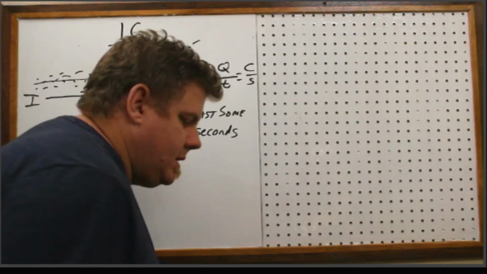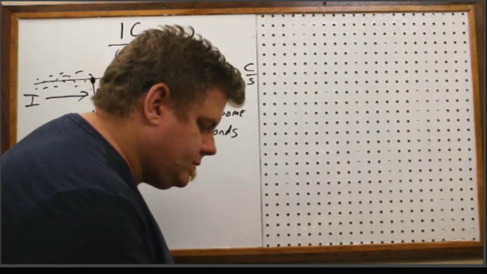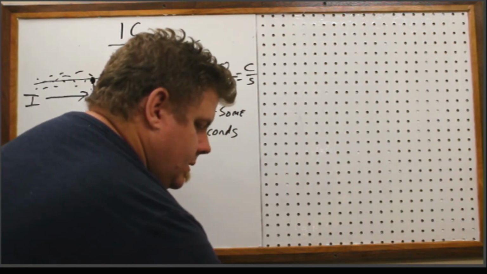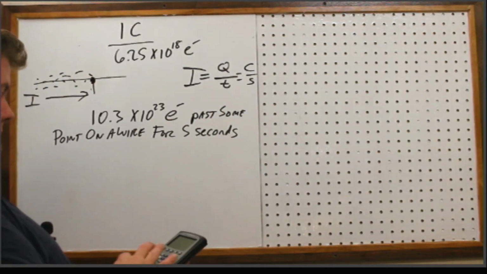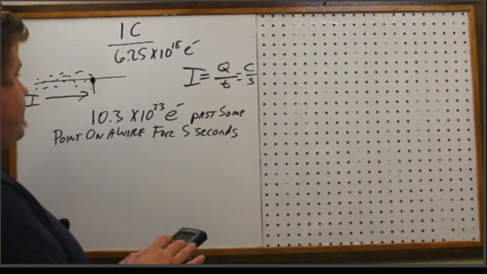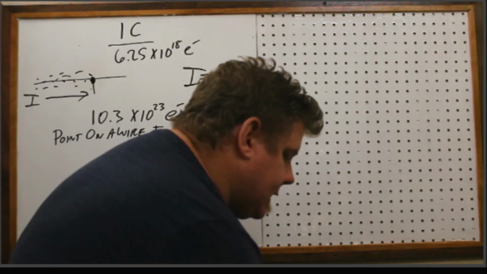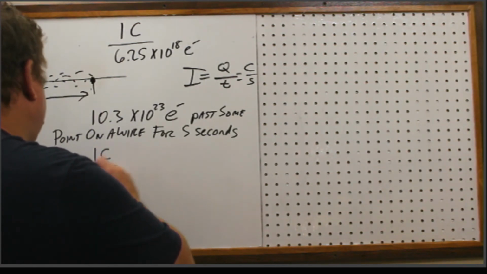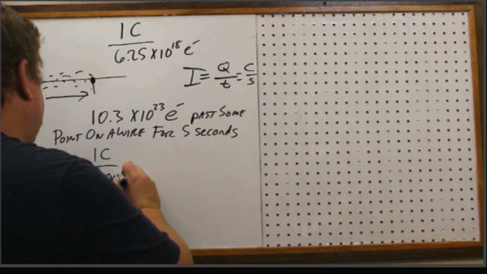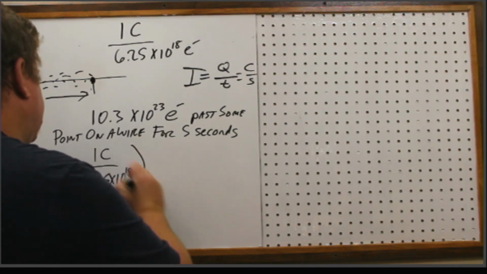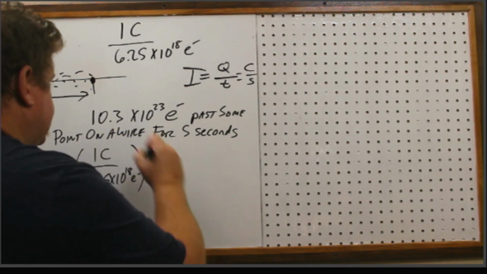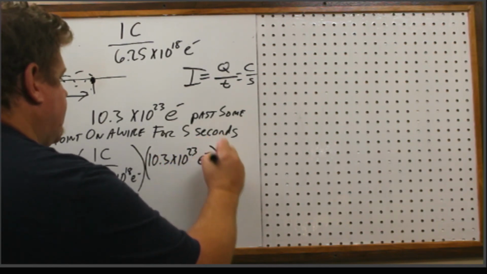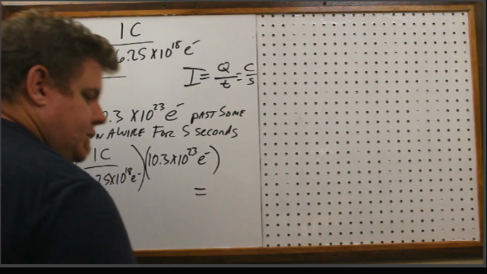Need to get my calculator for this. So in my conversion here, I'll show you what my conversion is. To get coulombs, I take 1 coulomb over 6.25 times 10 to the 18th electrons times this number of 10.3 times 10 to the 23rd electrons, and that will give me charge.